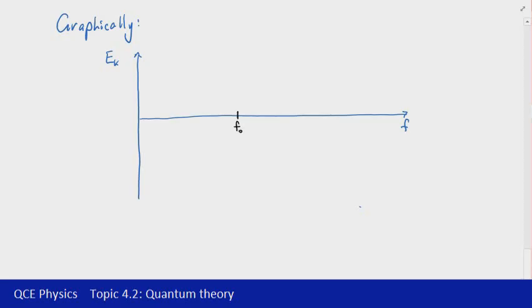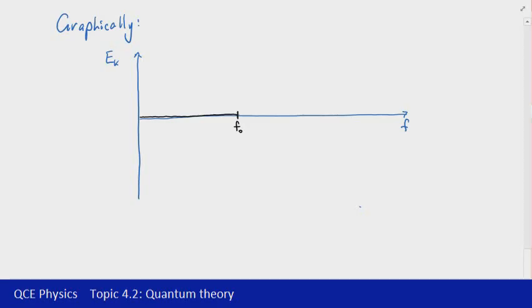We know that when the energy of the photon is less than the work function, then there's going to be no electrons emitted, and that means that there will be no kinetic energy of the electrons. So what we would see is that up to that point, the energy of the electrons that are being emitted is zero because there are no electrons being emitted.